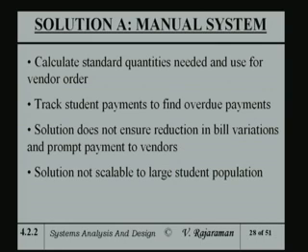Based on the average number of meals cooked every day and different meals, for instance breakfast, lunch and so on, you can decide what items and how much quantity are required, and that can be used for the vendor order.